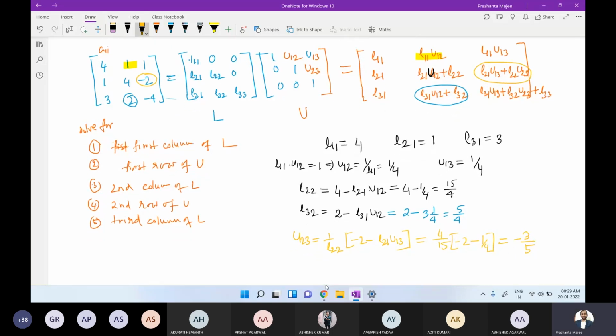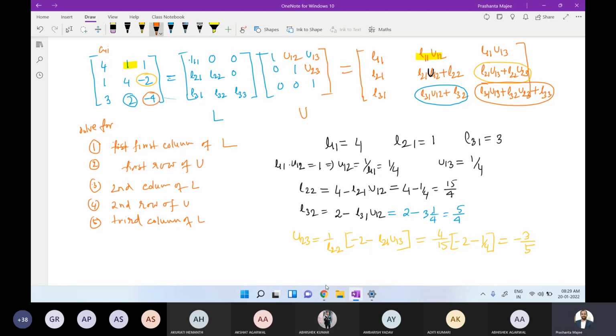Next is the third column of L. Who is in the third column of L? Only L33. To get L33, you have to compare this element with this minus 4.